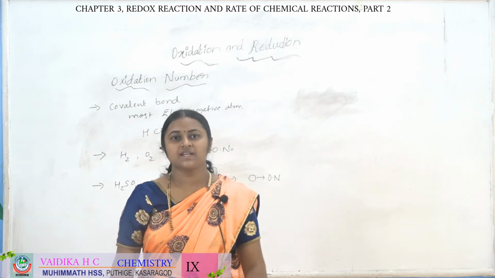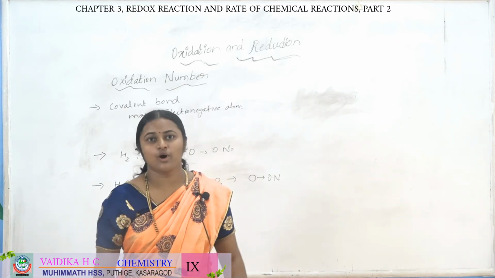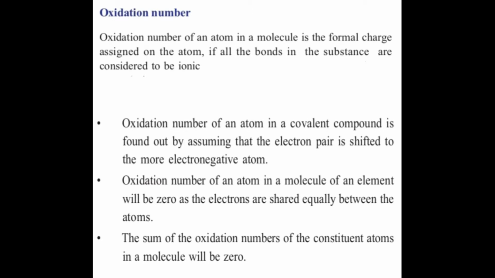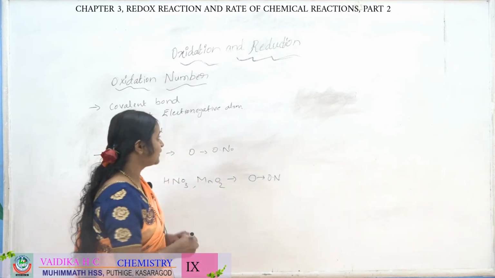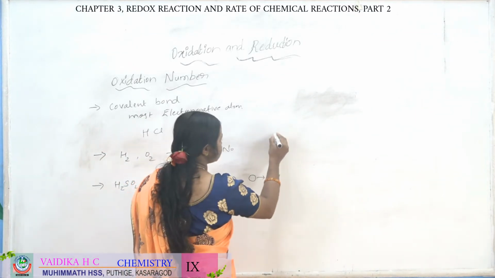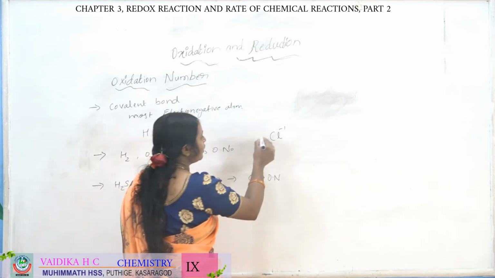The oxidation number of an atom in a molecule is the formal charge present on the atom. It is the formal charge assigned to the atom if all the bonds are considered to be ionic. So oxidation number is a formal charge present in any atom present in a compound.